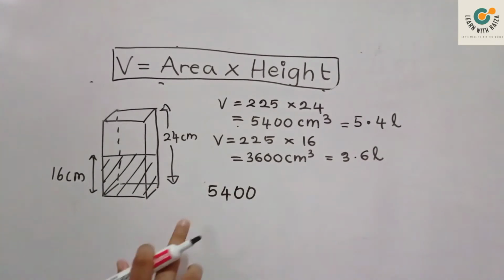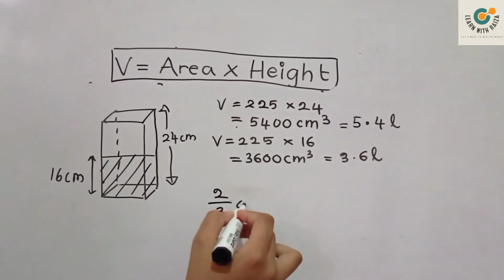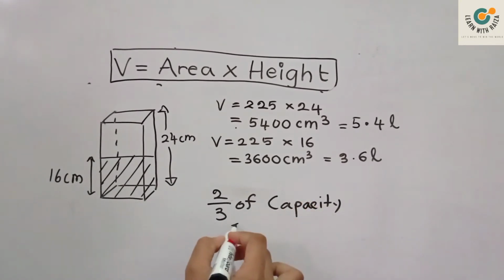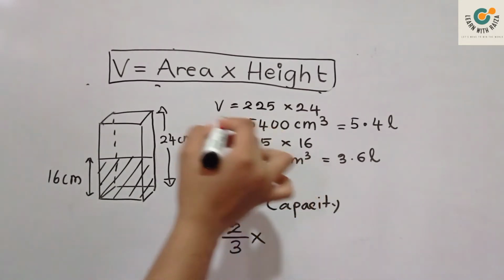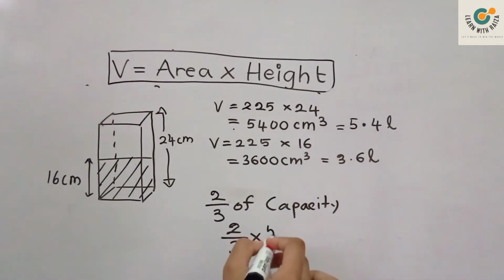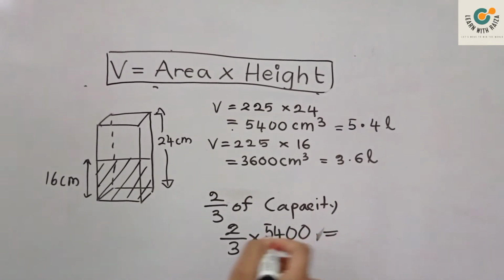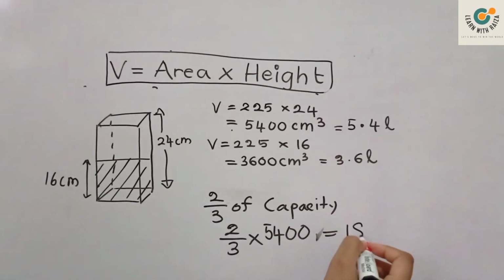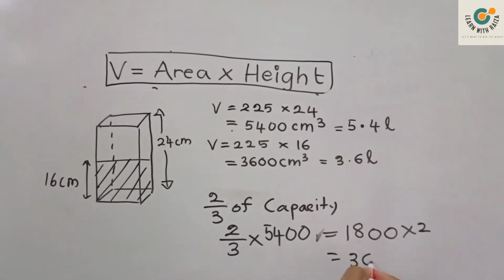In an easy way, 2/3 of its capacity means 2/3 of, and 'of' means multiplication, the real capacity of this container, which is 5400. If we multiply this, 1800 multiplied by 2 is 3600 cubic centimeters.